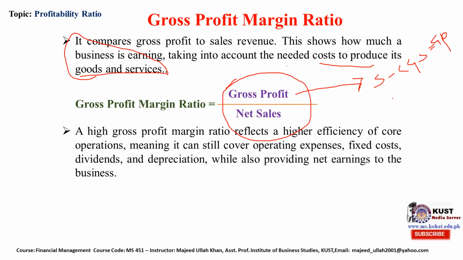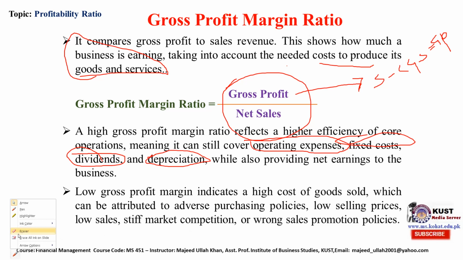After gross profit, what is left is to cover operating expenses, fixed cost expenses, dividend, depreciation of non-manufacturing facilities, and also provide net earning to the business.